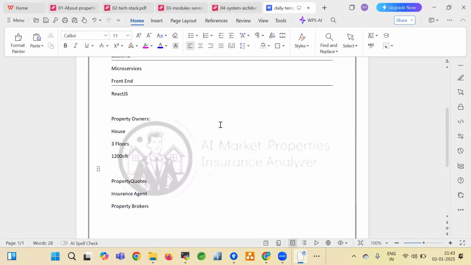right? For this house property, the property owner wants to get insurance coverage of, let's say, 10 million. That is the coverage the property owner is expecting.